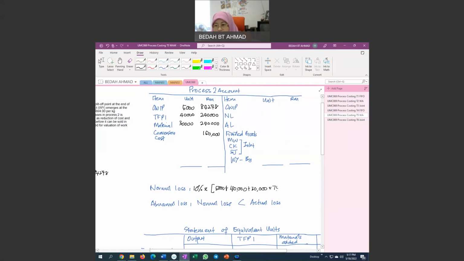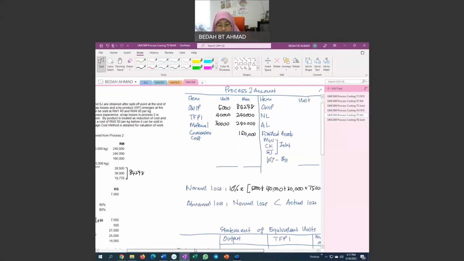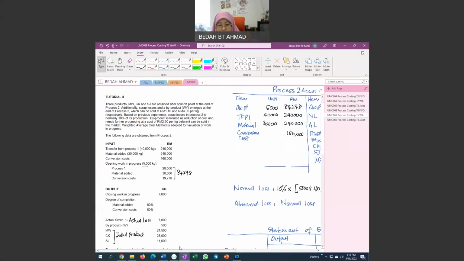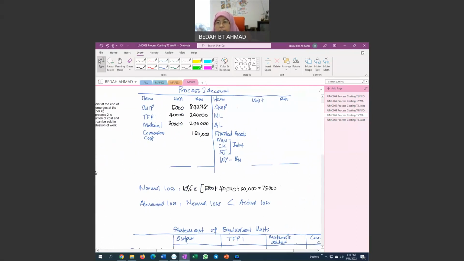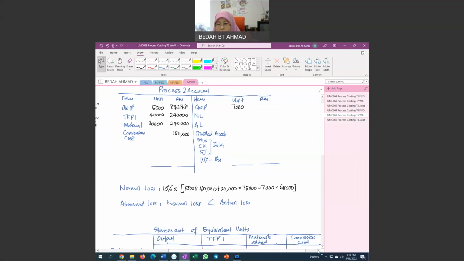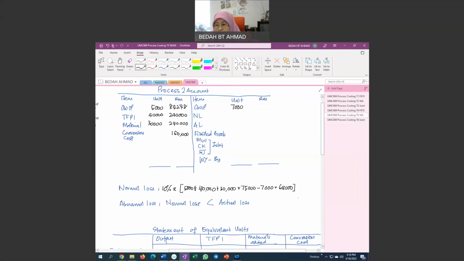Don't forget that there is a closing work in progress of 7,000 kilos, so we need to minus the 7,000. We get 68,000. Multiplied by 10%, the normal loss is 6,800 units.